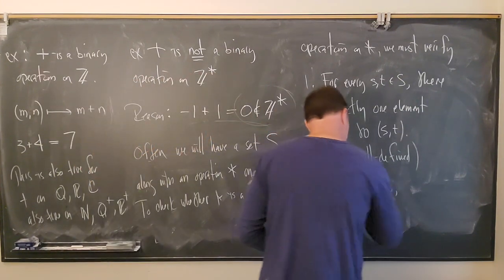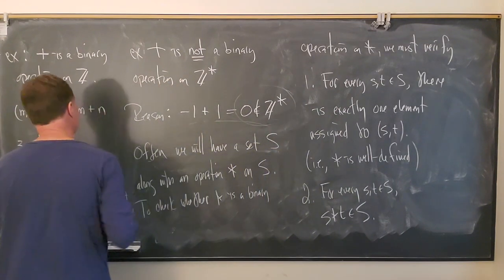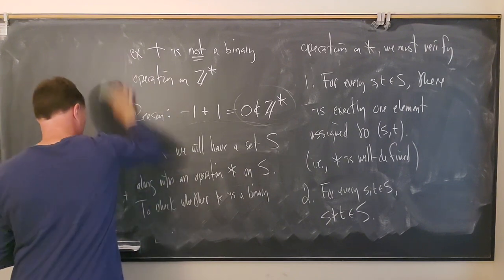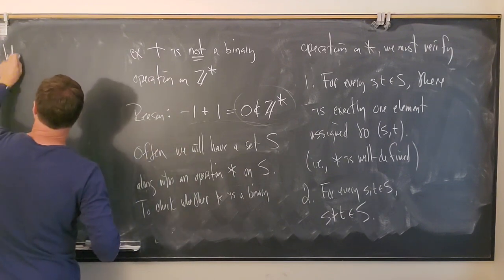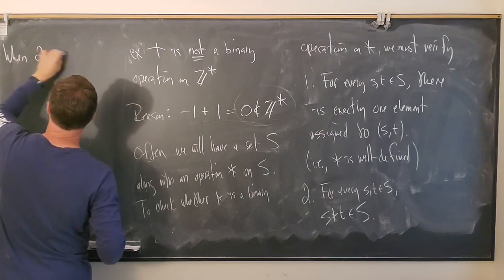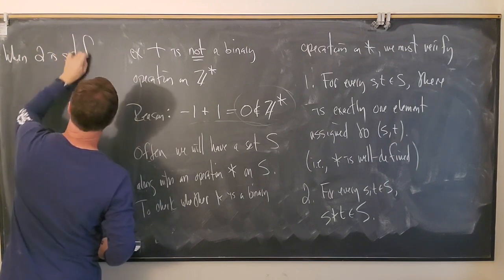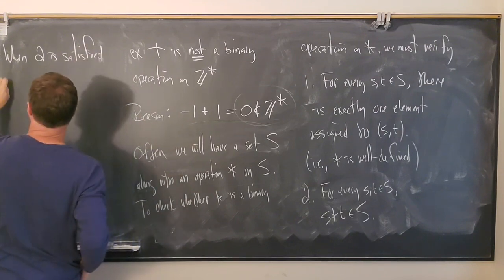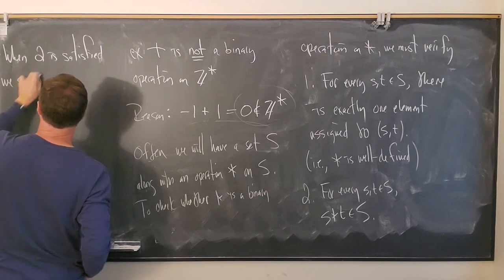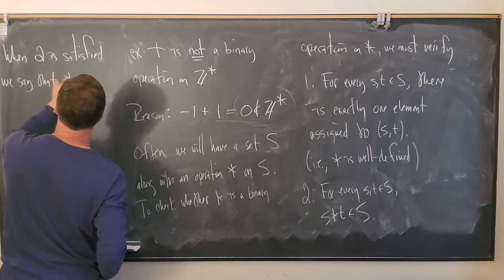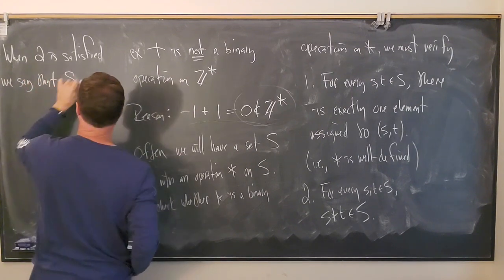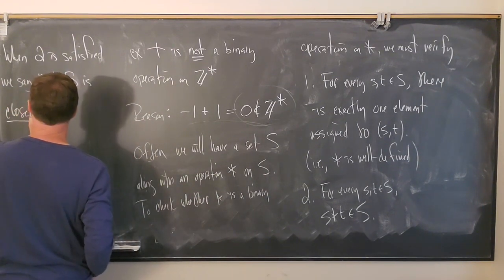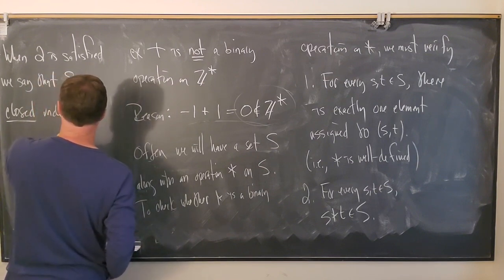I'm writing this down partly because there's some terminology that goes along with this. When part 2 is satisfied, we say that S is closed under star.